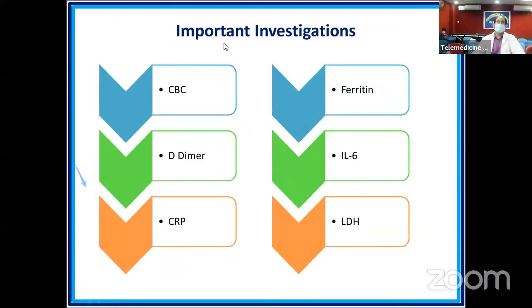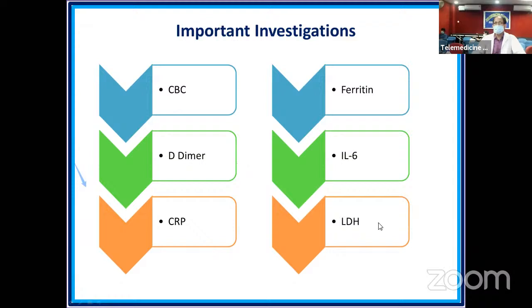So what more investigations? Yes, CBC and CRP are the cornerstone investigations. Always keep an eye on CBC and CRP. If possible, D-dimer, ferritin, IL-6, LDH, because these rise in cytokine storm, along with CRP. In cytokine storm, there is a high elevation of CRP, D-dimer, ferritin, IL-6, and also LDH level.